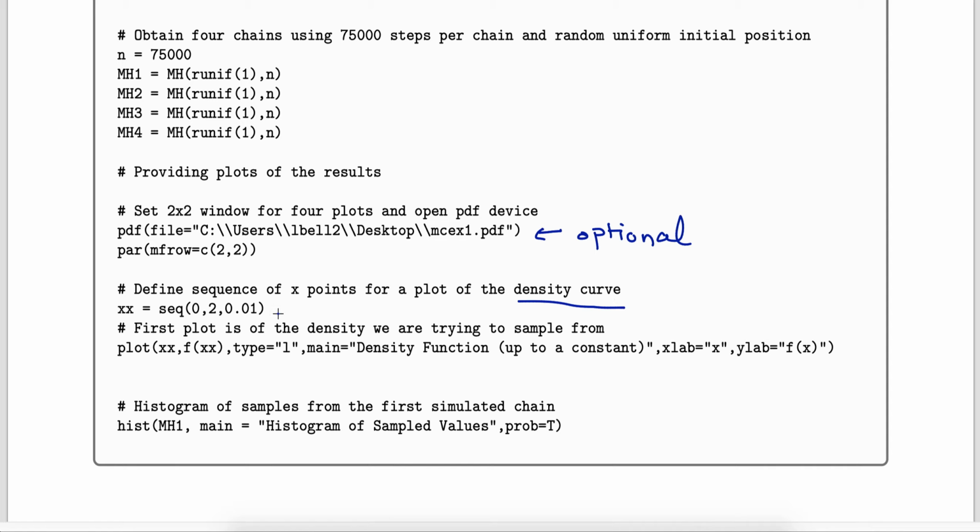And so I'm going to define my space from 0 to 2. Of course, this goes from 0 to infinity, so I could stretch it out more, but there's not much to see. And then I'm going to plot the x and then f. Let me make use of that function f of x that I defined earlier, and we'll see that plot in a moment. And then I'm going to just do a histogram of the samples from our previous chain.